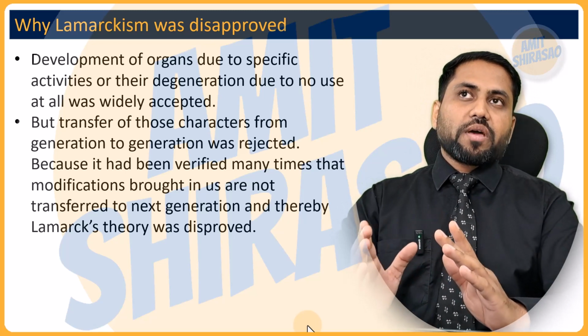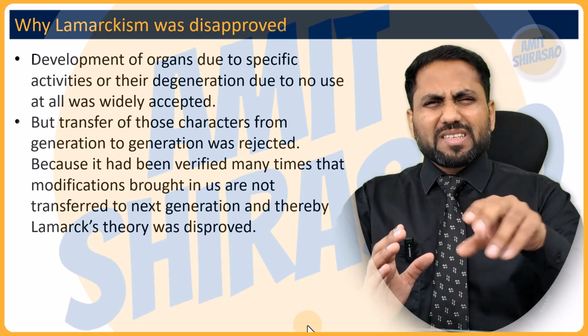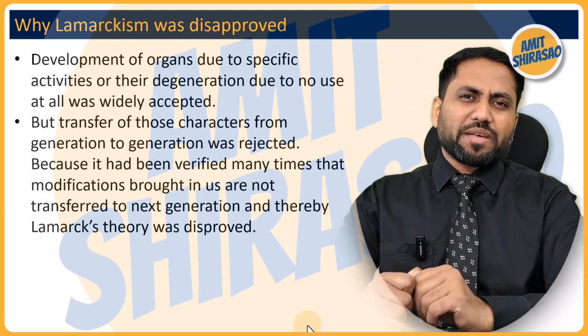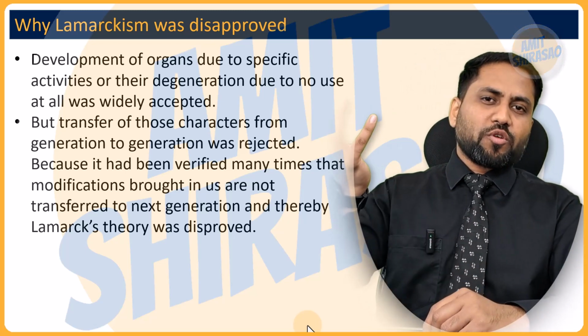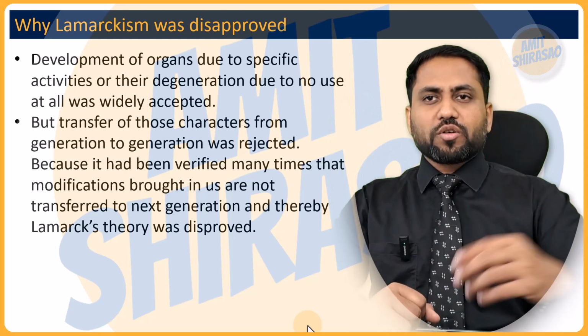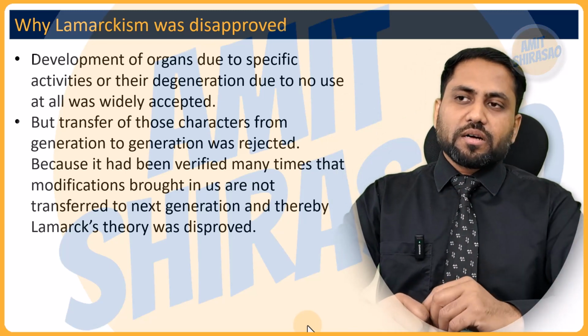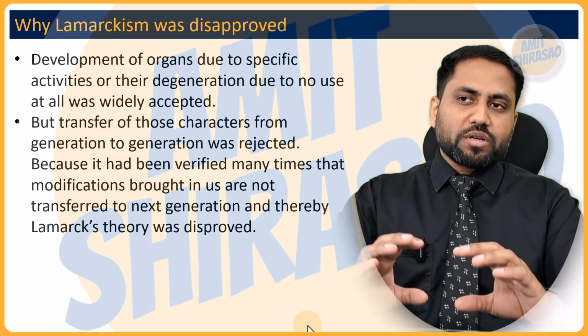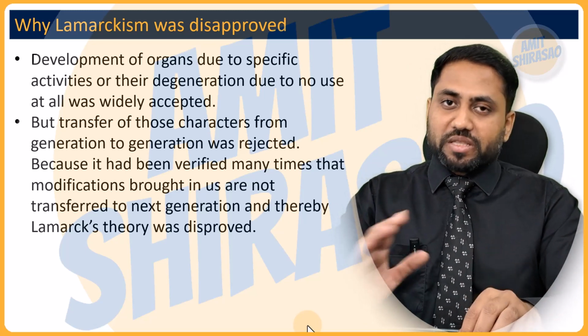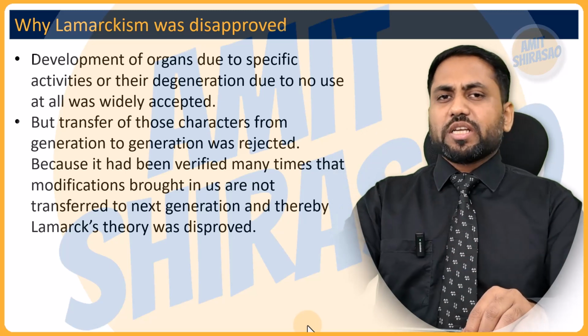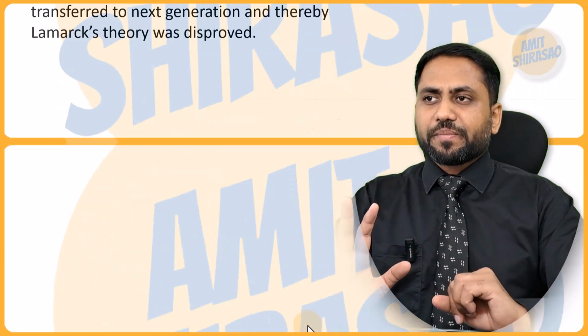People say that you haven't specified how exactly the transfer of modifications is happening. Just like Charles Darwin did not say how modifications happened, you did not say how these modifications are getting carried forward across the progeny. That you haven't said, and that's why this is partially accepted, partially rejected.